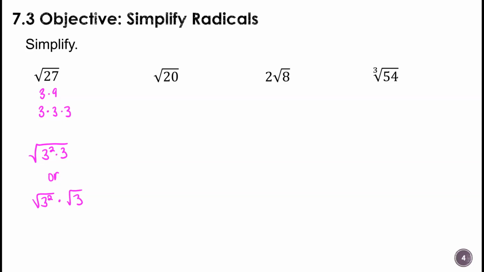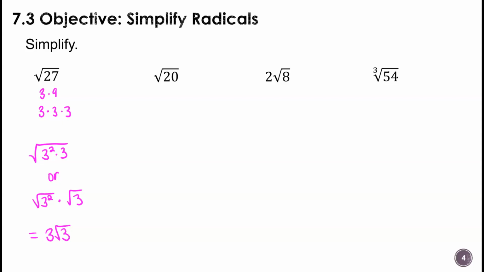The square root of 3 squared is 3, and under my radical is also a 3. Now, there are some calculators that will do this for you. If you just key in the square root of 27, it will tell you it's 3 radical 3, but that is not helpful because if you just use your calculator, then you're not understanding the concept. How do I simplify this myself? That's what you're looking for.